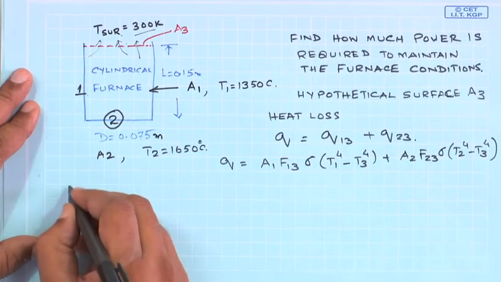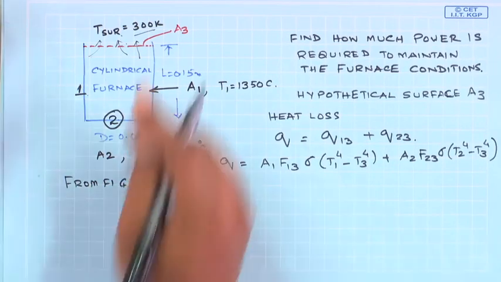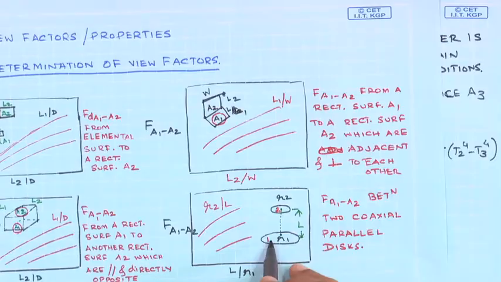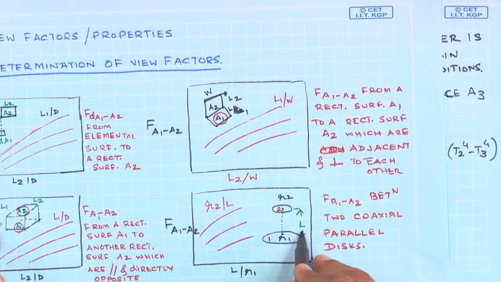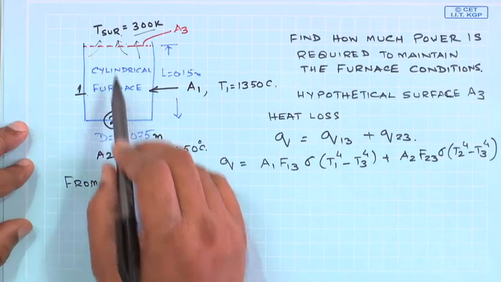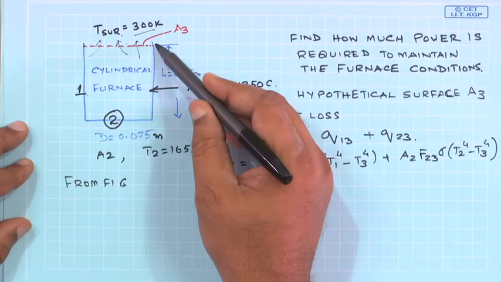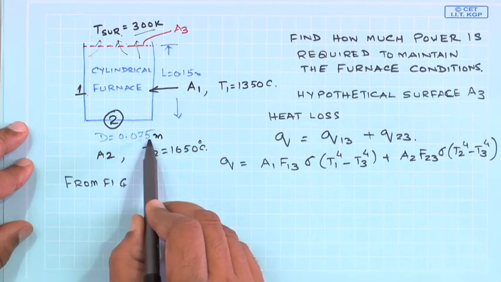Now, from the figure that we have done in the last class, it is a case like this where R2 and R3 are the same, and you know what is the distance between these two as 0.075 meter.